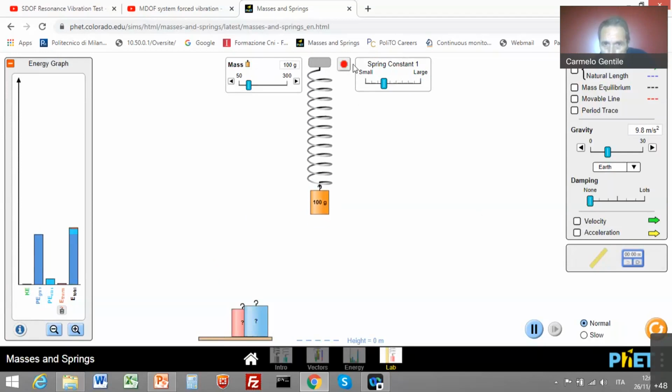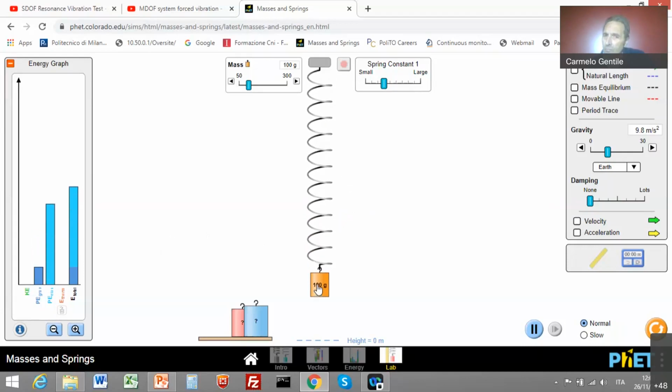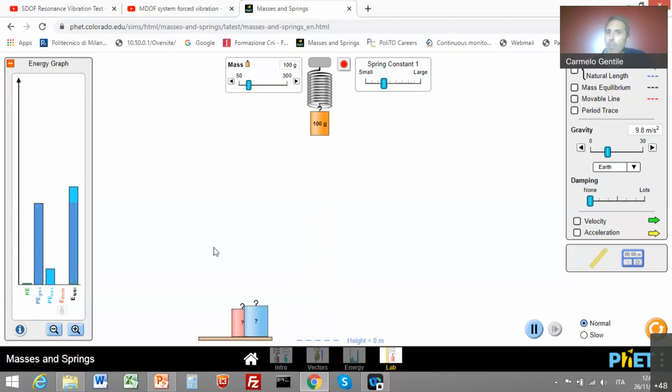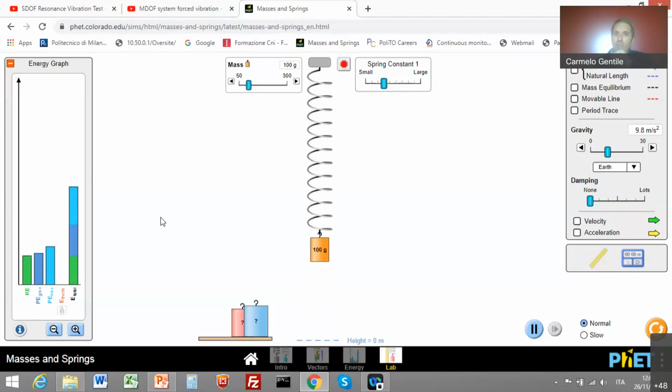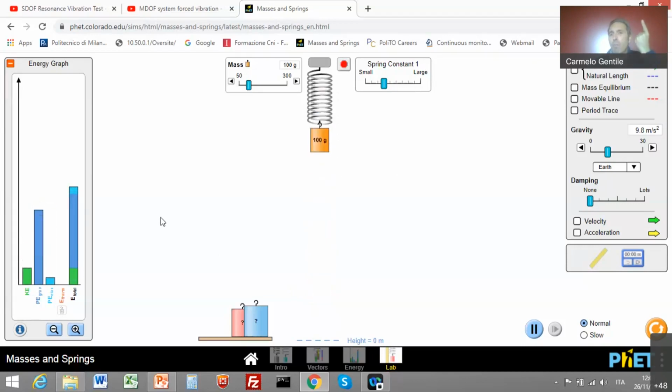So let us denote a system which is characterized by a mass of 100 grams and a certain stiffness. Let us suppose that we are starting from a deformed condition. And let's see what happens when I remove the applied displacement. Something similar to the first movie is happening.